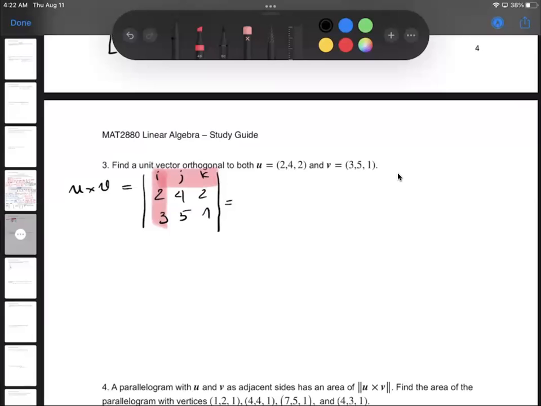And then the last component, k, is 3 minus 6, so negative 3k. So the length of u cross v is 0 squared plus 0 squared plus 3 squared, which is root 9, which is equal to 3. You want to be careful. You can put square units.